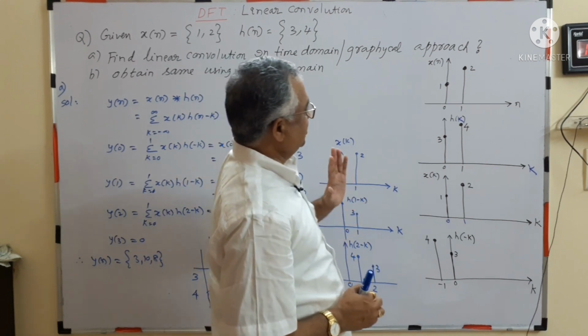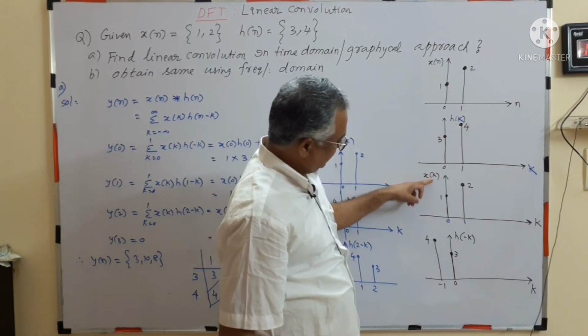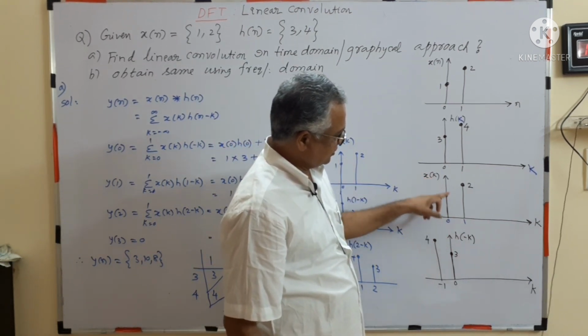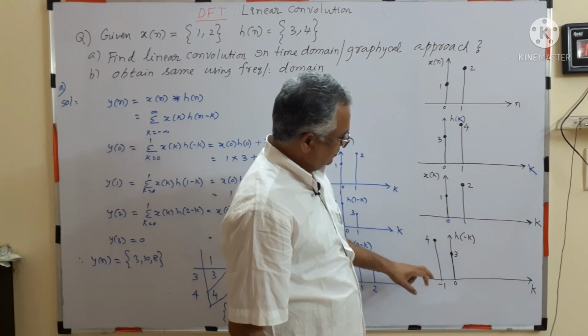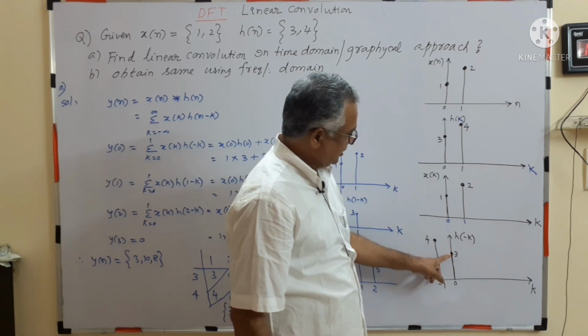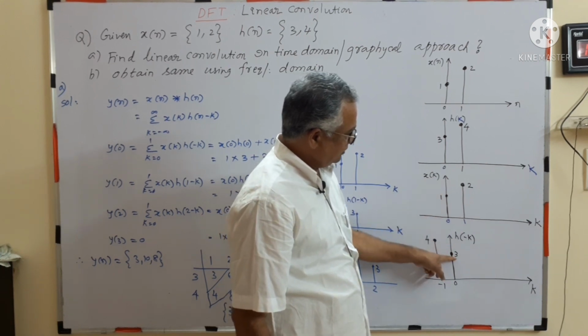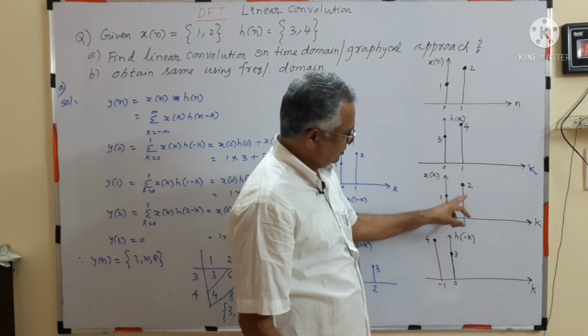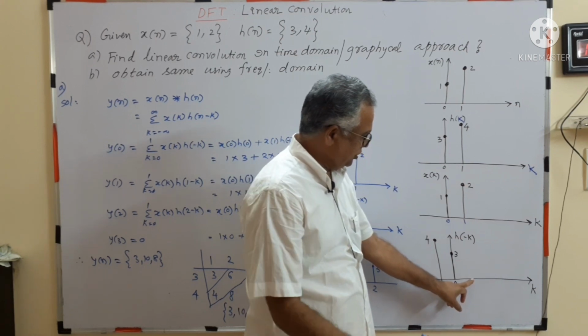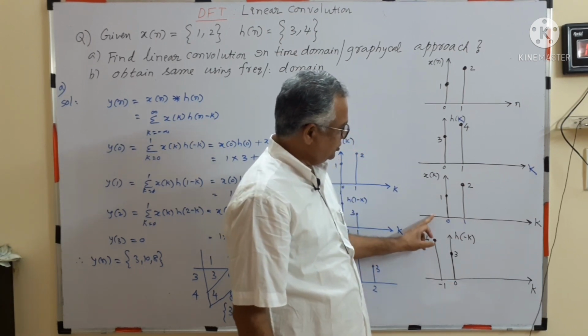Now keep your attention on x of k and h of minus k, and do the convolution between these two. At 0 this is 3, and at 0 this is 1. 3 into 1 is 3. 2 into 0 is 0, 4 into 0 is 0.